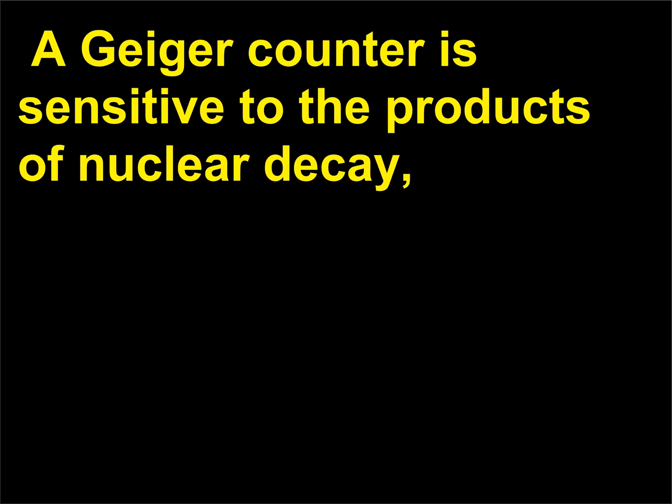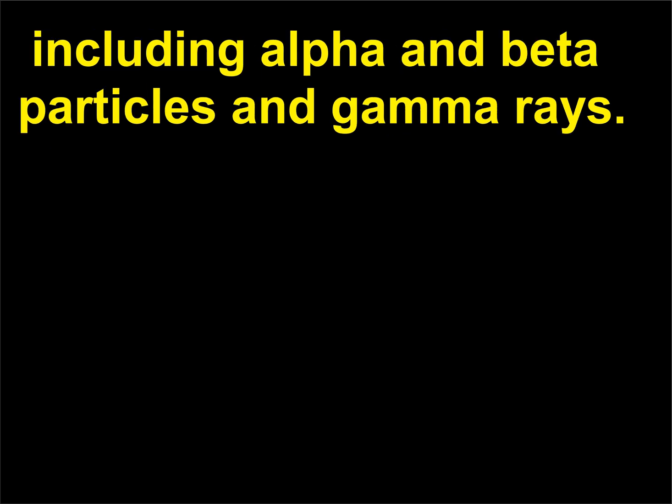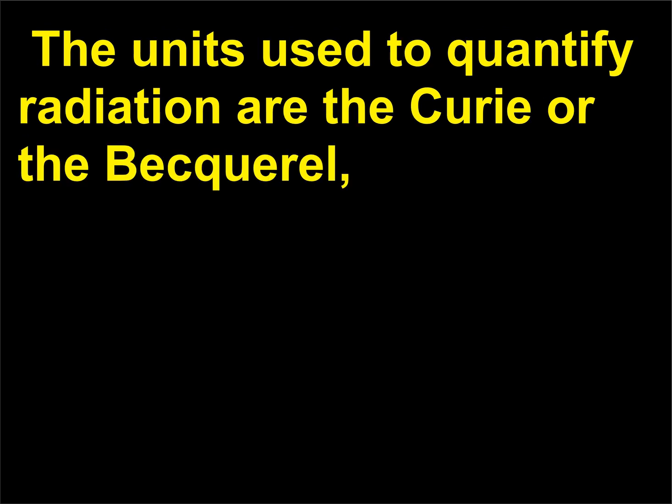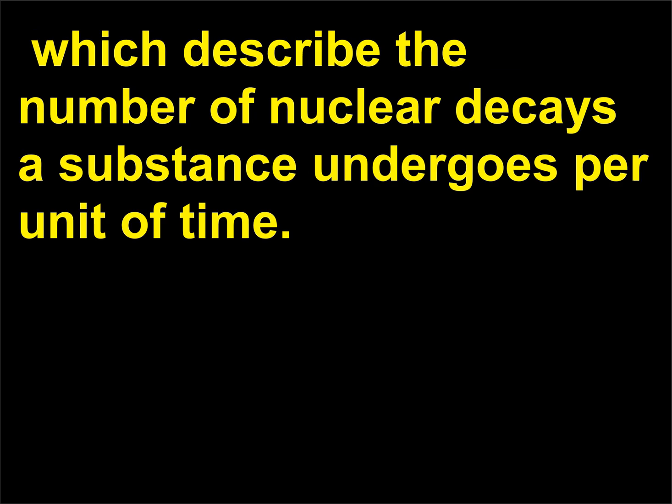A Geiger counter is sensitive to the products of nuclear decay, including alpha and beta particles and gamma rays. The units used to quantify radiation are the curie or the becquerel, which describe the number of nuclear decays a substance undergoes per unit of time.